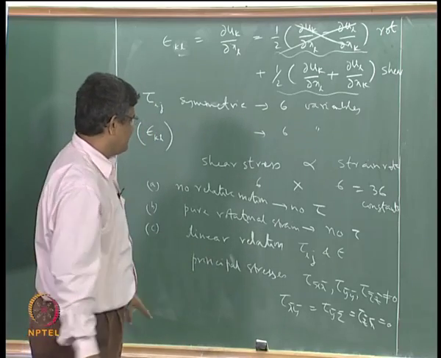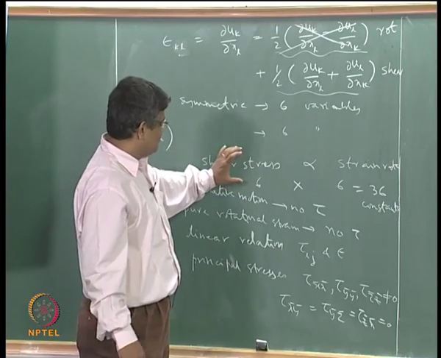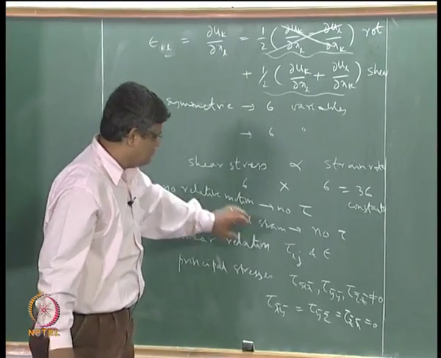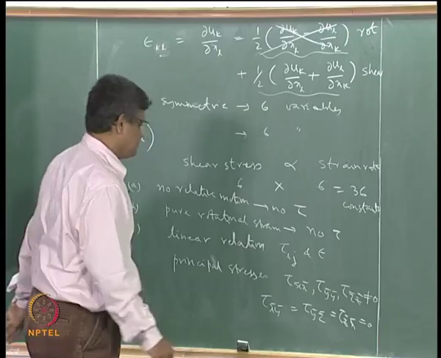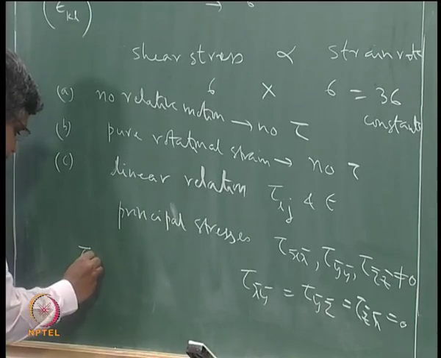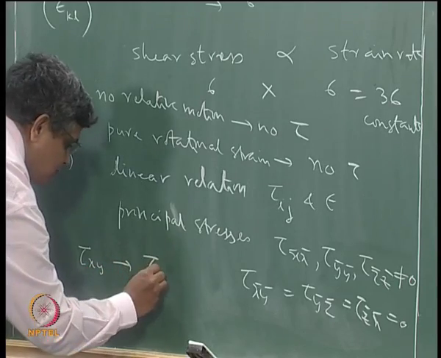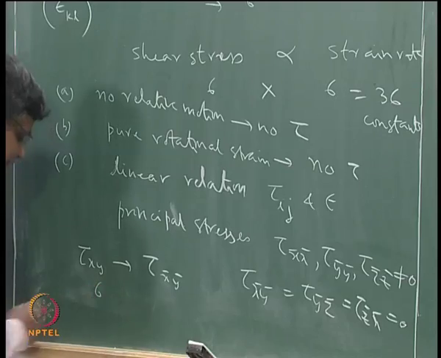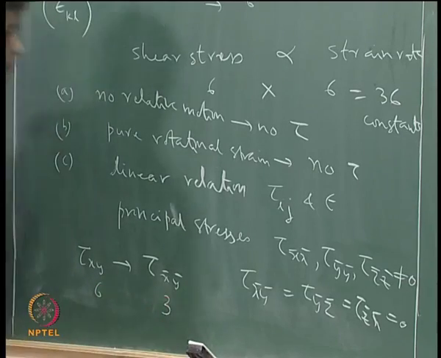So, instead of having 6 stresses here, we will have only 3 stresses. So, only 3 non-zero stresses, and so from tau xy, if we go to tau x bar y bar, this has 6 components and this has 3 components.